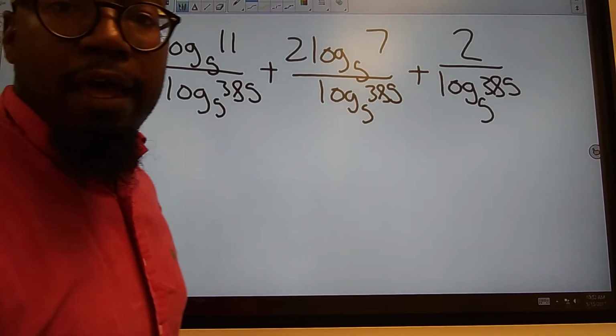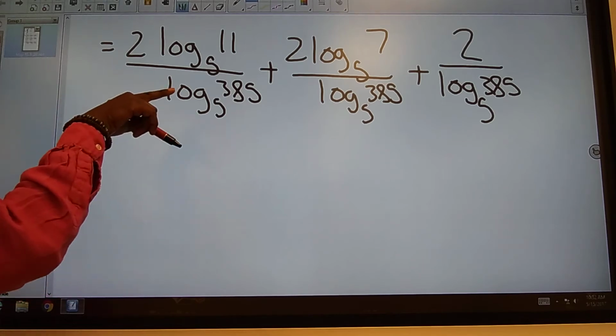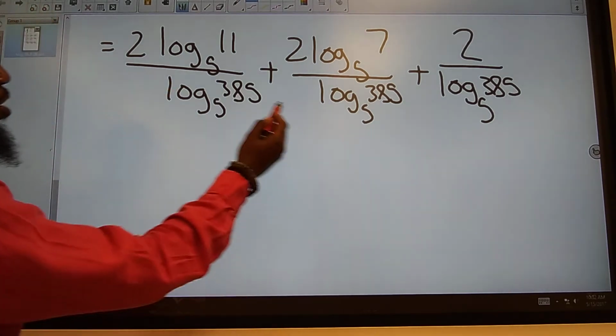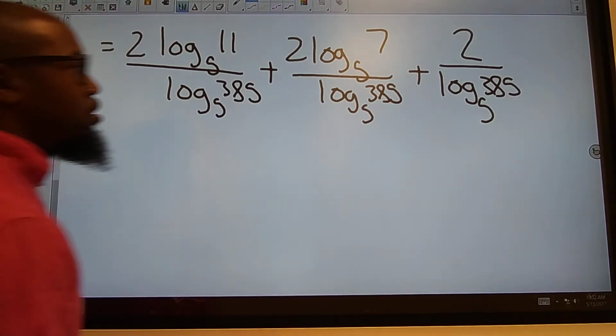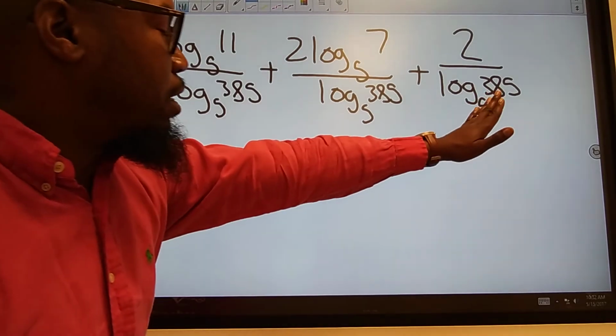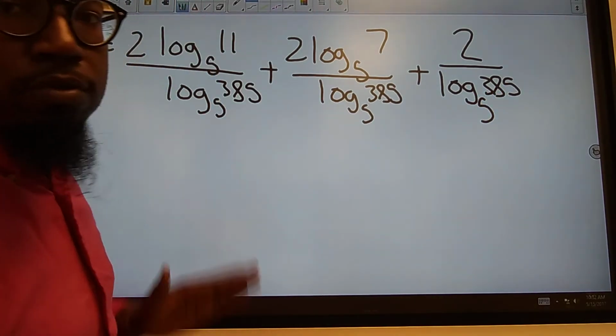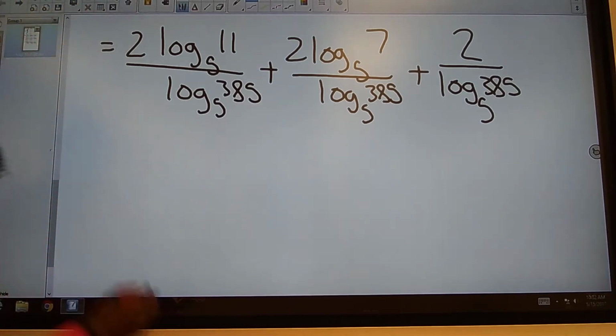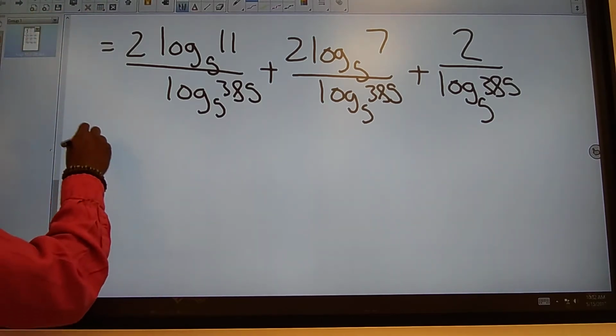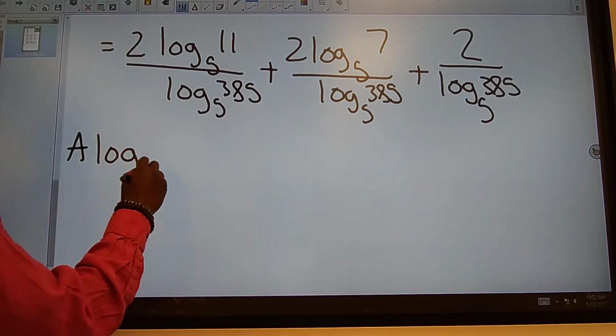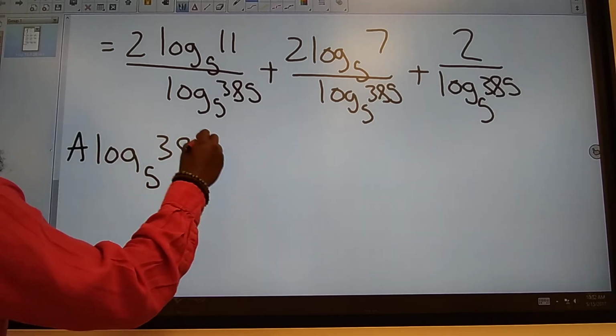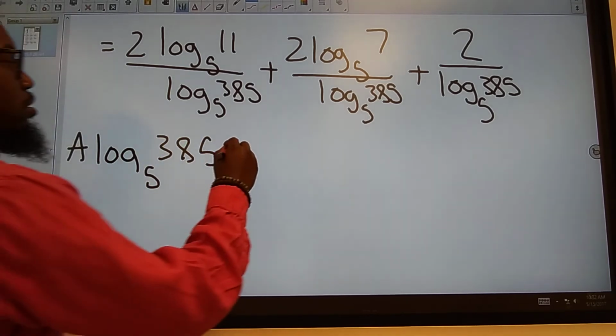So now that I have that, since I have all of these same things as the denominator, I can just multiply my denominators and put those on the other side of this equal sign, which is where a is at. So I now have a times log base 5 of 385. Okay.